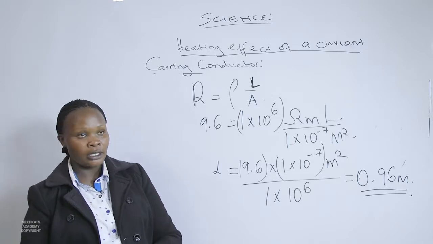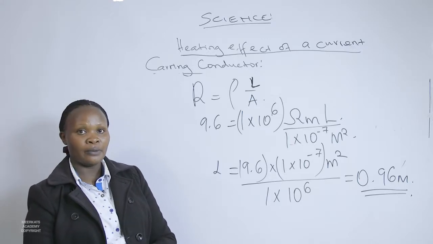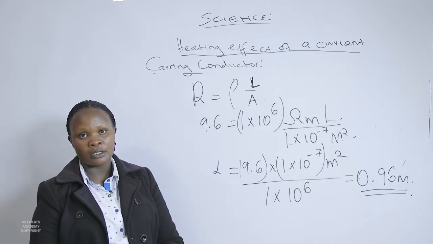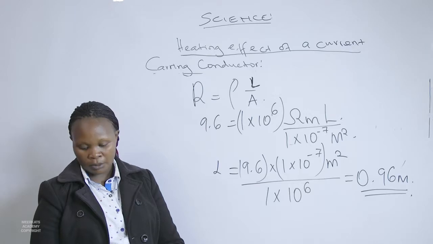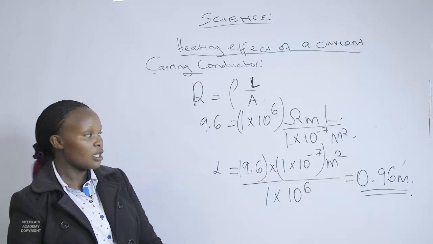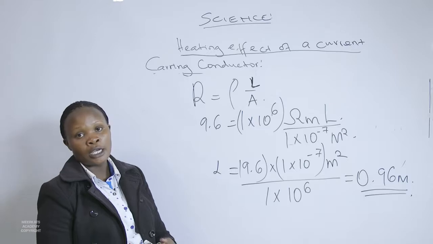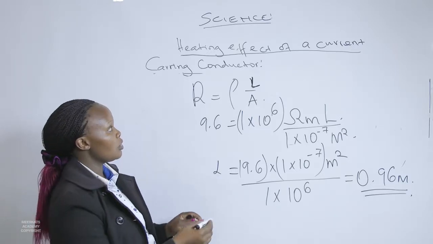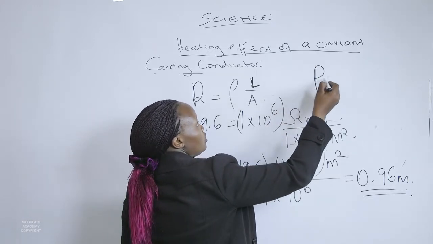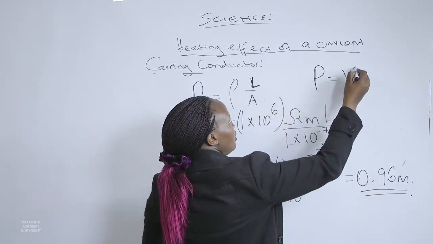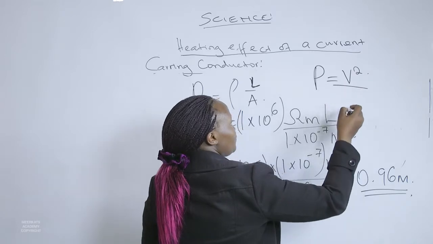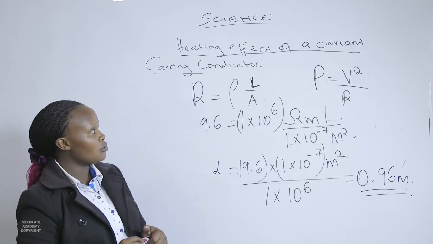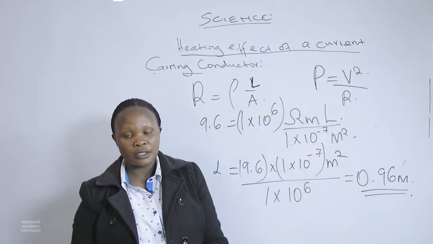Therefore, you remember that you will always have to work with SI units. We started by changing our power, which was given in joules per minute. We converted it to joules per second by dividing by 60. Then we went on to look for another expression, which gave us power as V squared divided by R, and that enabled us to come up with resistance.